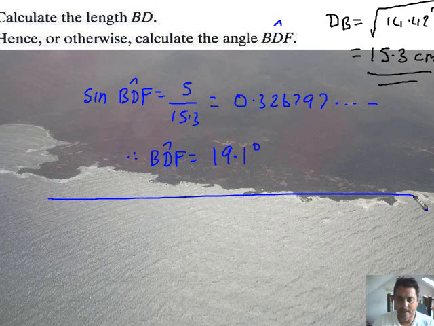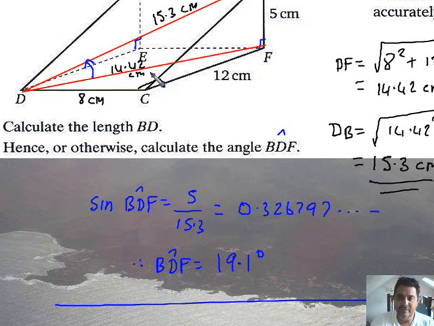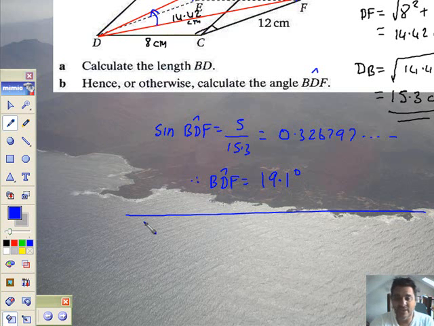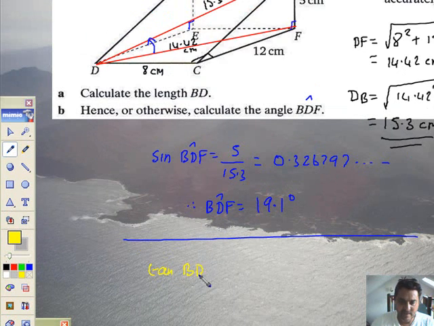19.1 degrees. Now, just to show you, it should have worked out a different way. If I go 5 and the 14.42, then I should be playing with tangent. Just see if it works. Do a different colour, yellow. So let's just see if it works quickly. Tangent of BDF is going to be opposite, which is 5, over the adjacent, which is 14.42.